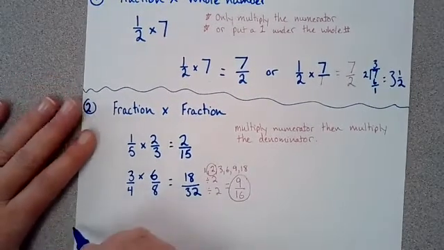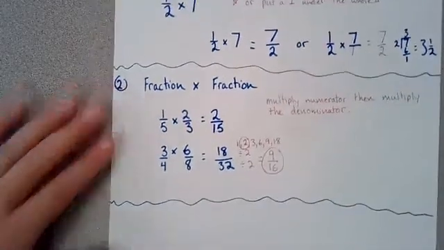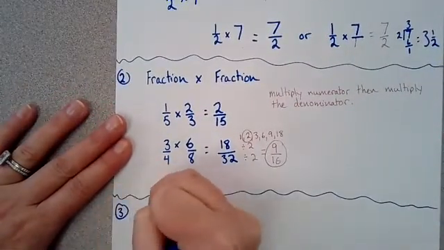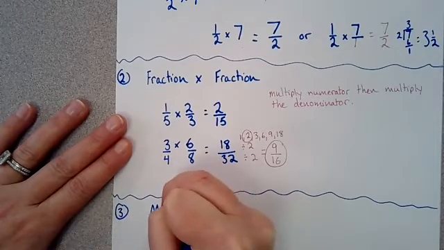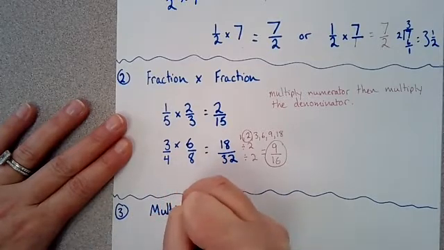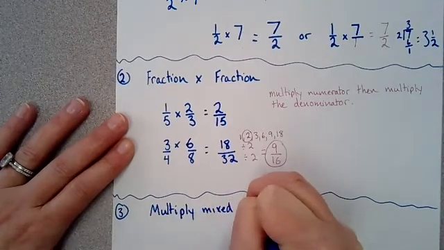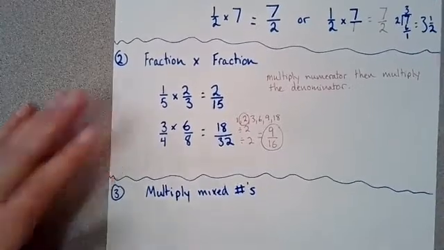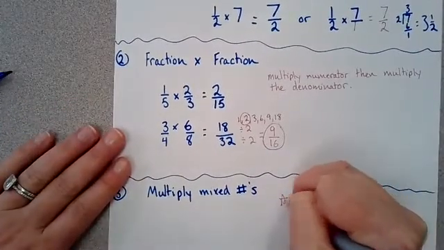The final one that you might see if I'm asking you to multiply a fraction is you might have to multiply mixed numbers. All right? And if you have to multiply mixed numbers, you have to do this first.